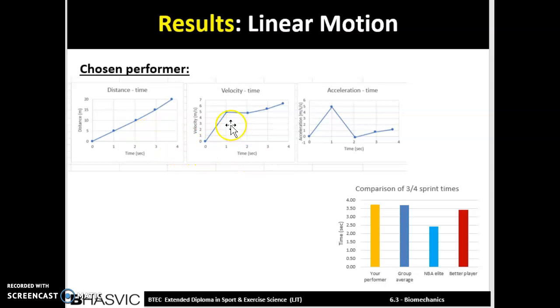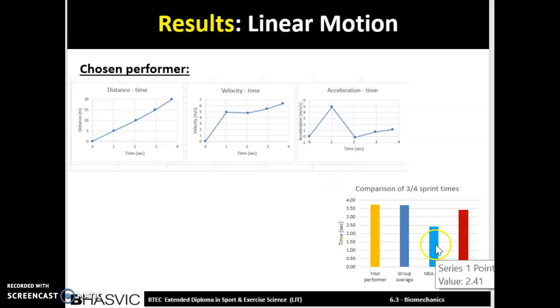So you can tell that they're not constantly speeding up, but the overall speed does increase throughout, apart from this second here. And then obviously my performer here is slightly slower than the group average of about 3.7 seconds. And yeah, they're slightly slower as they have a greater time.